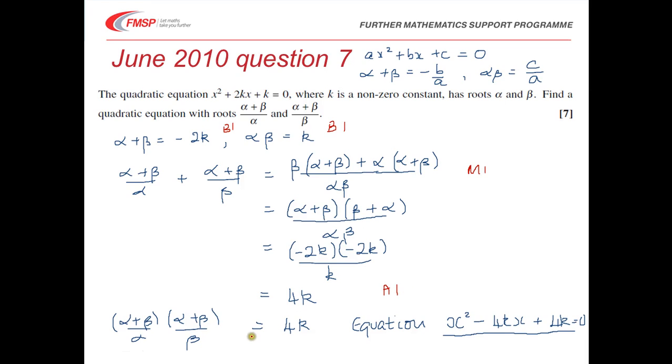And then we also get a method mark for attempting to find the product of the two roots and an accuracy mark for getting 4k again. And then at the end we get a statement mark for writing down the correct equation. So 7 marks in total for the question.